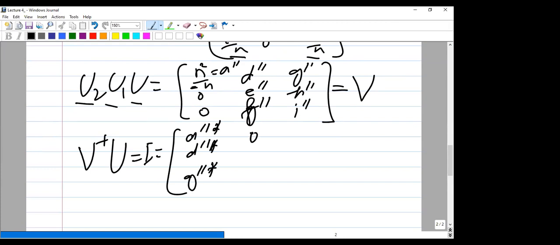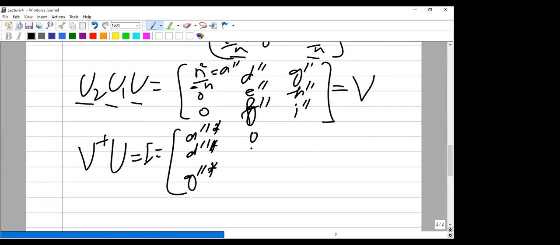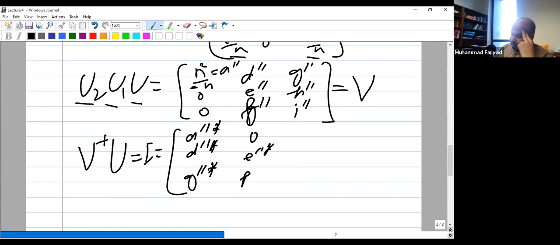I'm just writing it for the sake of argument. Then 0 and then E double prime star, H double prime star, 0, F double prime star, and I double prime star, into this V.